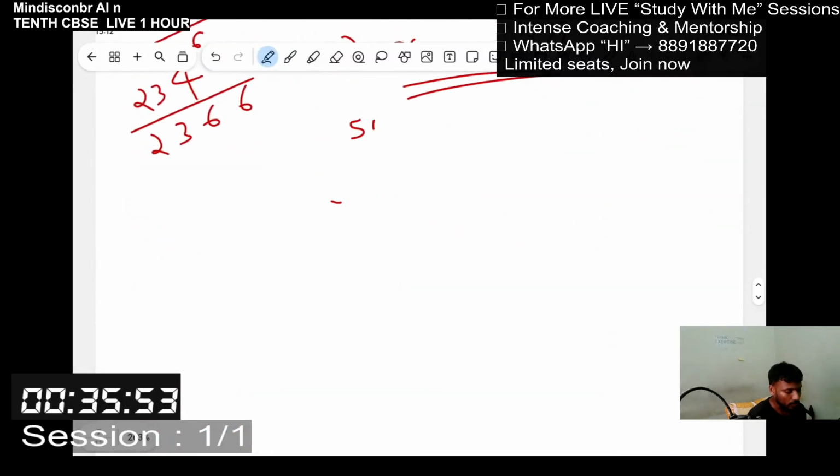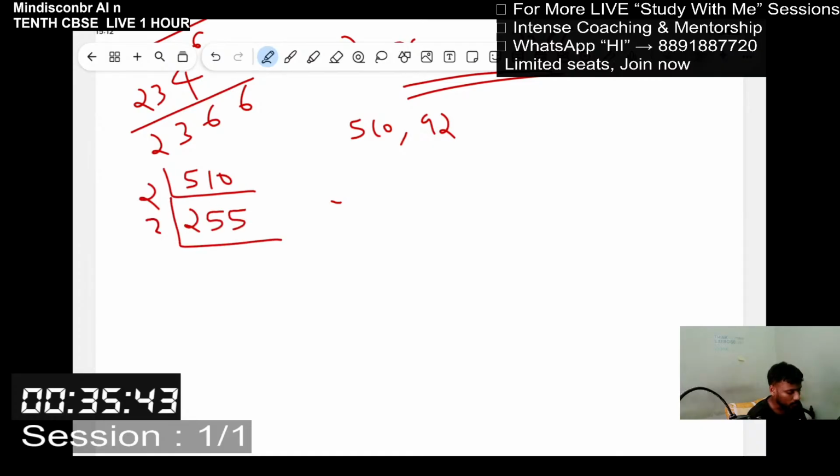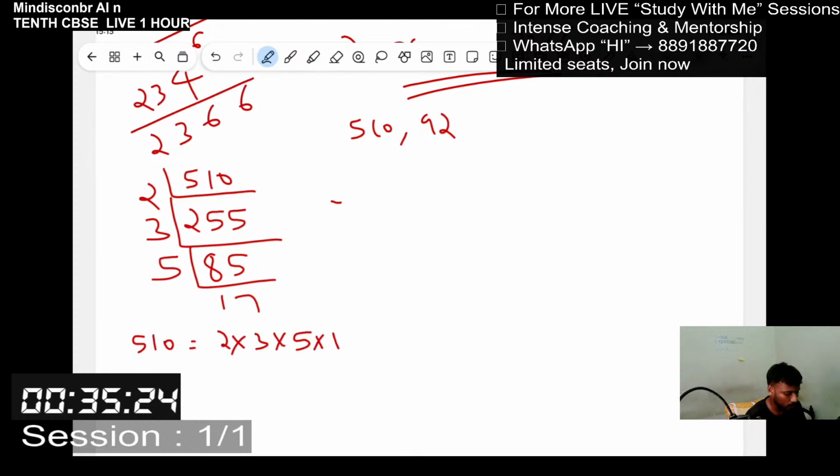For 510, 2 into 3 into 5 into 17. So 510 is equal to 2 into 3 into 5 into 17.